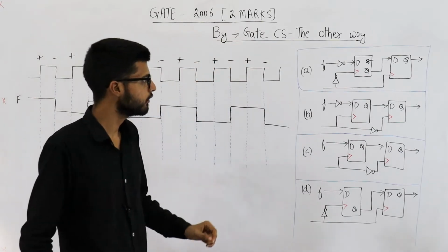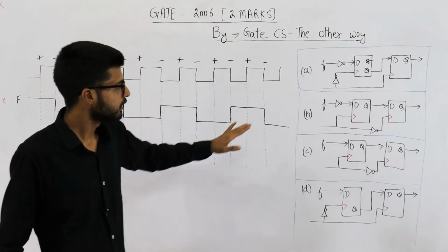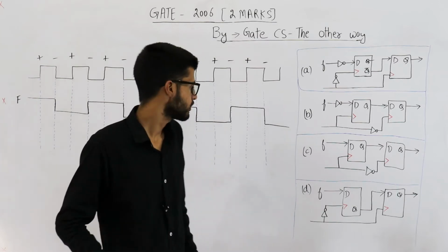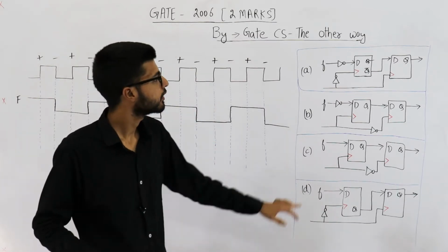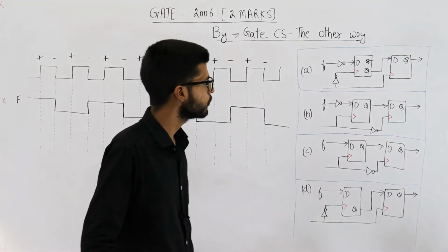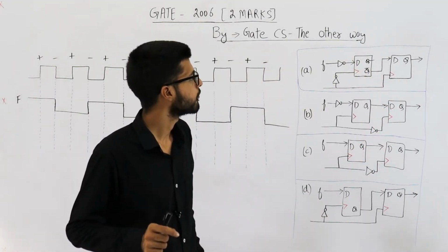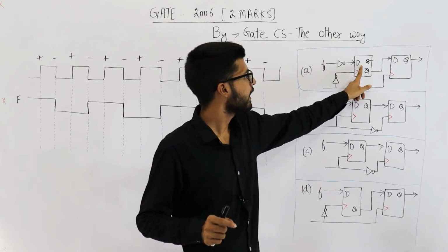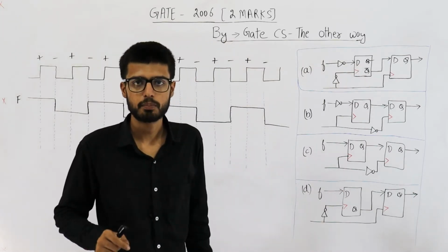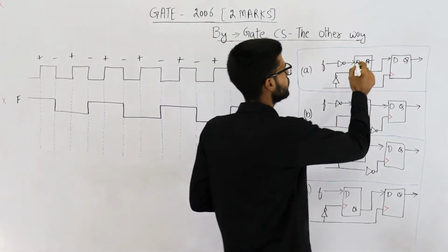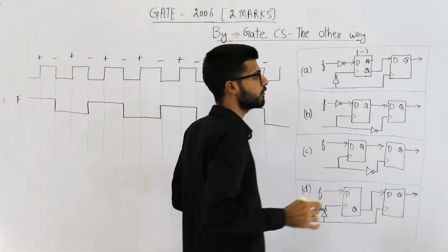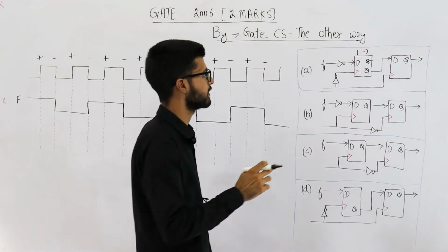Now we need to determine which of the circuits will phase shift f by 180 degree. Let's start with option A. Both of the flip-flops are clocked flip-flops. This one will react on negative edge of clock, because by default we assume them to be positive edge triggered.